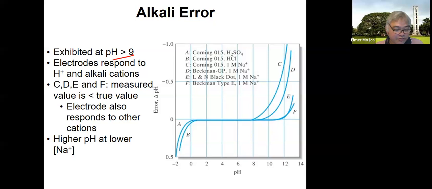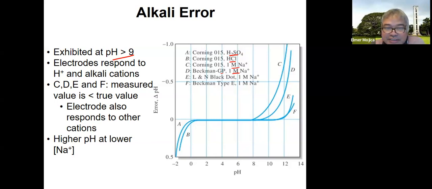So if you're going to look at this, they ran some of the common pH meters that they use, like the Corning 015, at 1 dip at H2SO4, HCl, 1 molar Na plus, the Beckman GP, 1 molar Na plus, and then L&N black dot, Beckman type B. You look at the reading that they have.